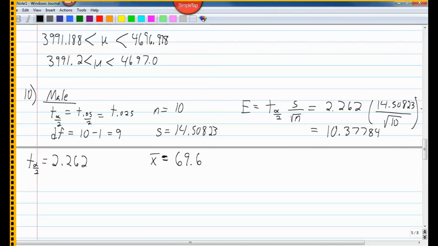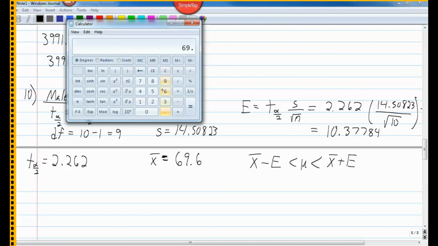And so now I can construct my confidence interval. Remember, the confidence interval is x bar minus E is less than mu is less than x bar plus E. So we say 69.6 plus, or I'm sorry, minus, I'll do that one first. The margin of error was 10.37784. I should probably see how many decimal places this problem wants me to round to.